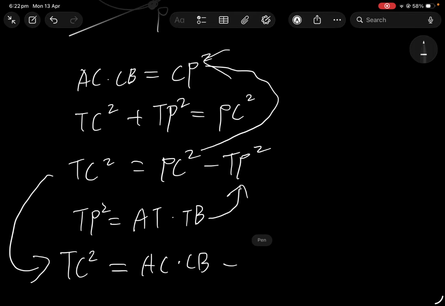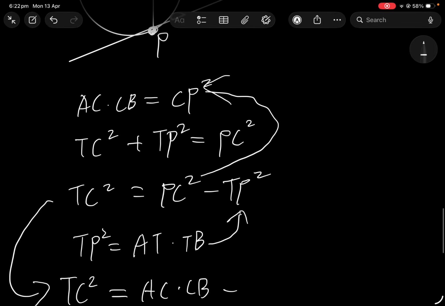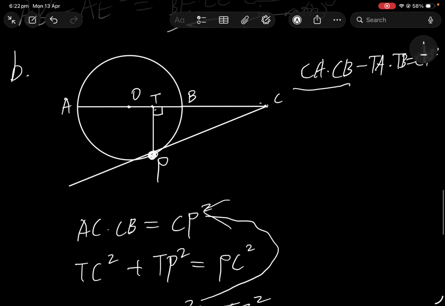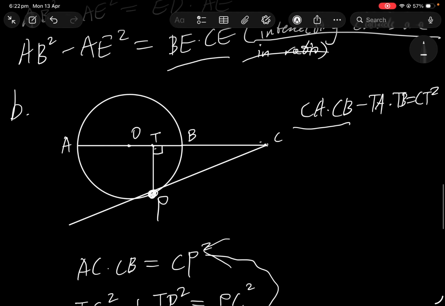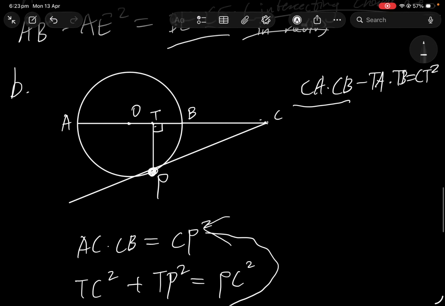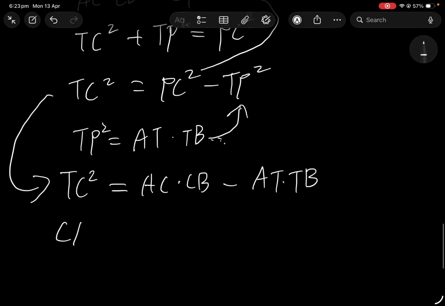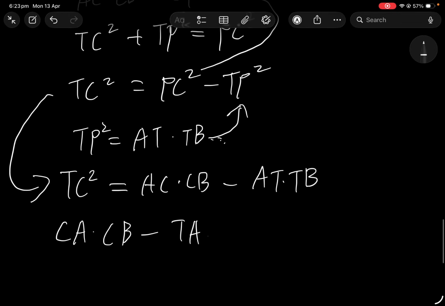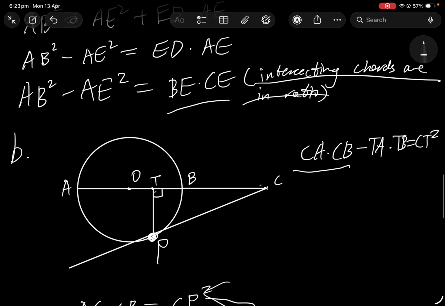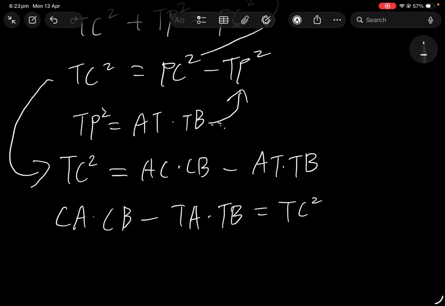We're going to minus this equation, so it becomes AT times TB, and we just have to rearrange to get it into our initial equation. So it was CA times CB take TA times TB equals TC squared, and then we just proved it. Yay. All right, bye bye.